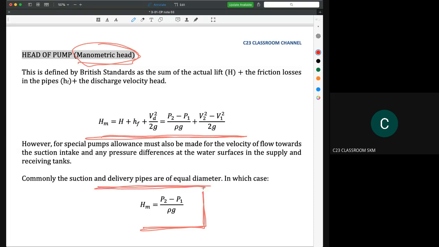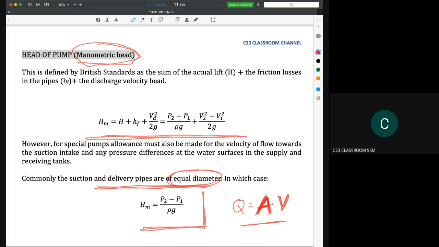When we have equal diameter, it means that we have Q equal to A times V. This is the continuity equation. If the diameter is equal, you have the same value of cross-sectional area, which means the velocity will remain constant.